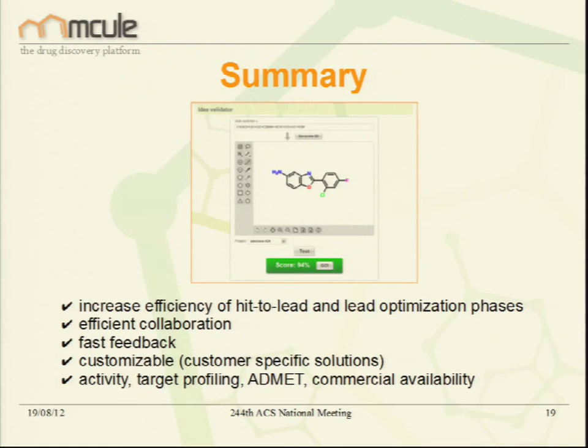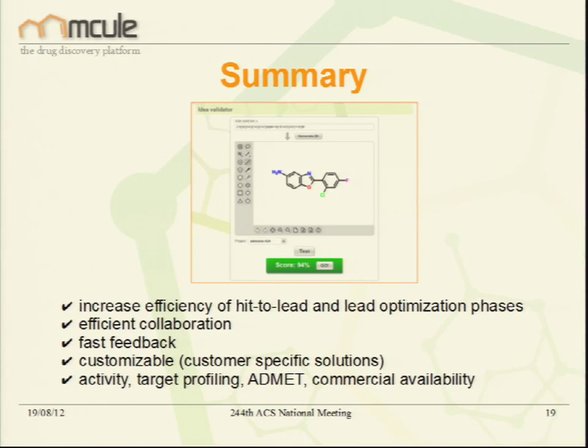Right, so just summing up, the idea validator can increase the efficiency during the optimization phases between the computational chemists and the medicinal chemists. Basically, what it provides is a more complex interface for the computational chemists, and a very simple interface for the medicinal chemists to help prioritize their ideas, so they can make go no-go decisions on their ideas.